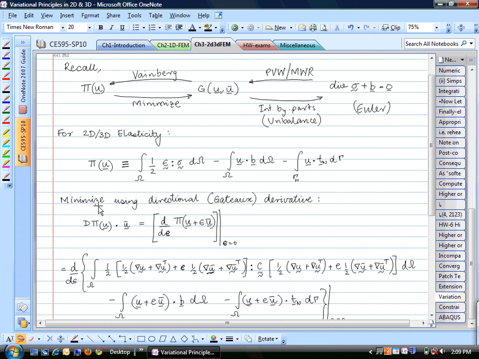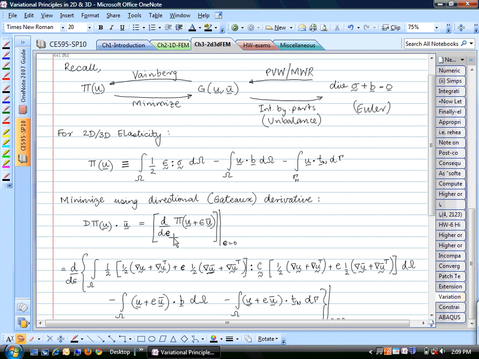Okay. And how do we go from pi to this g? We take the directional derivative, which we know is defined like this. So this is d by dE of this potential energy. So the idea is that you have some potential energy, you are going to perturb it by a small amount E, and you're going to try to find what is the derivative of that function.